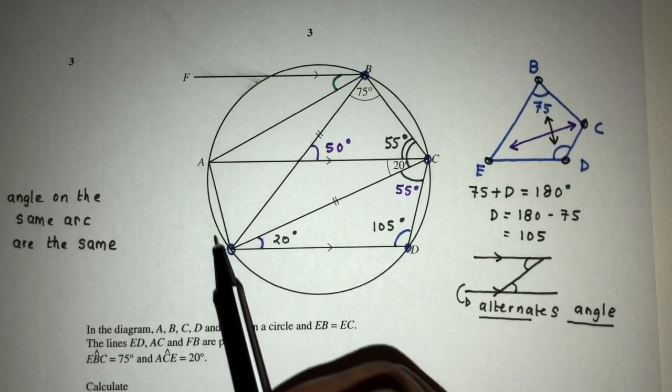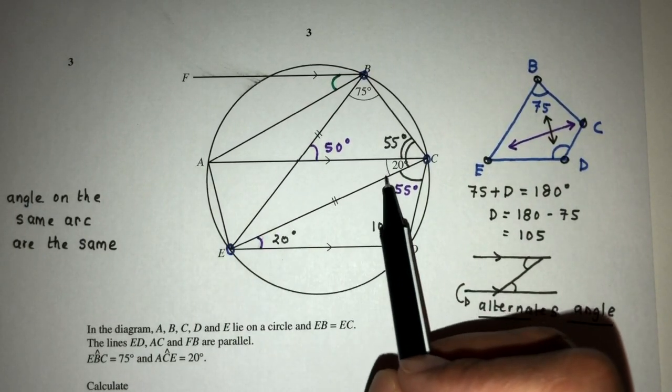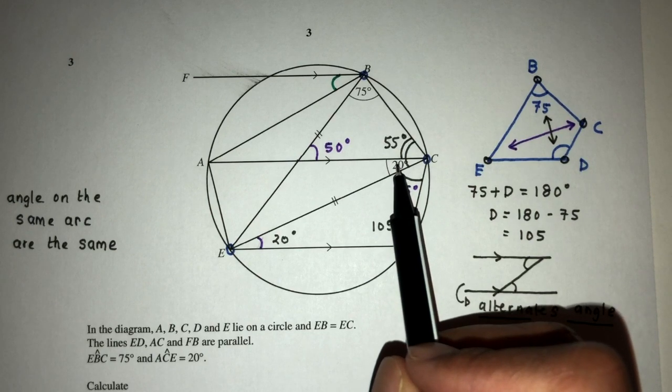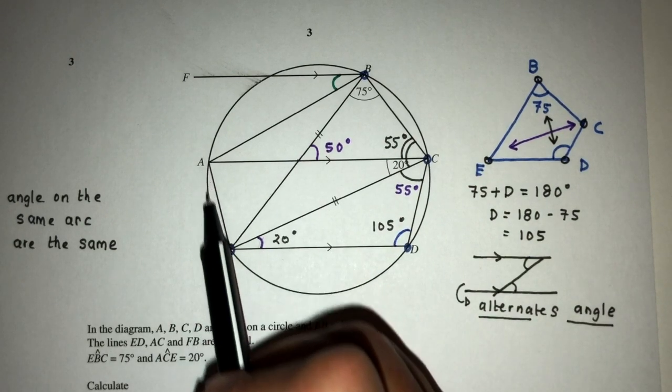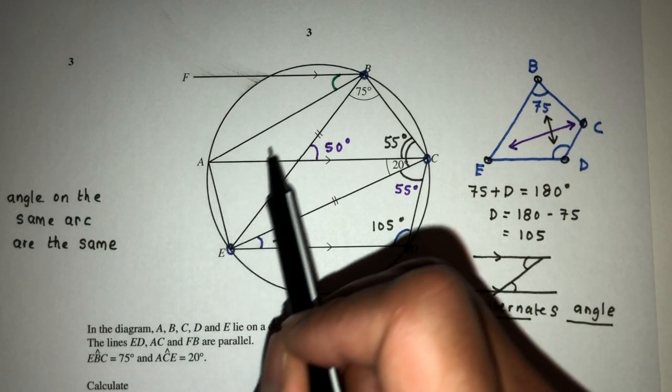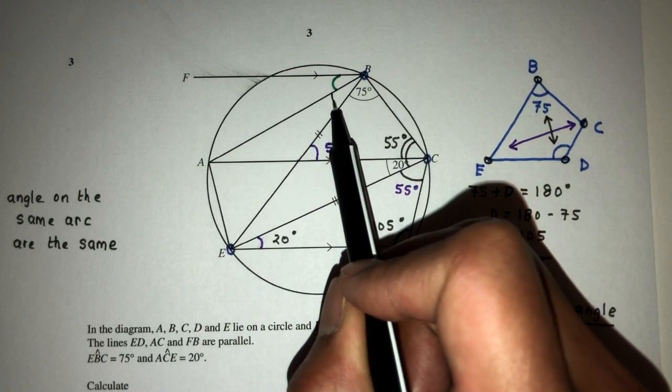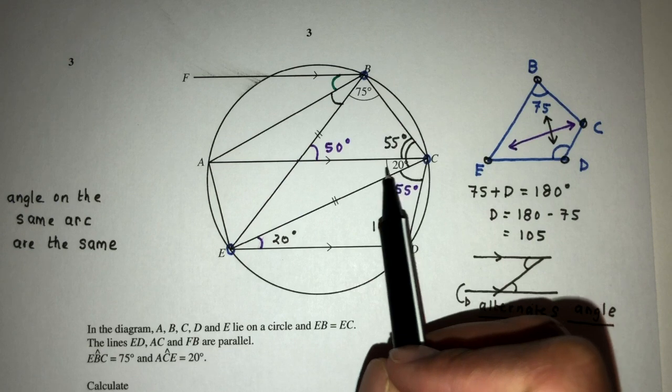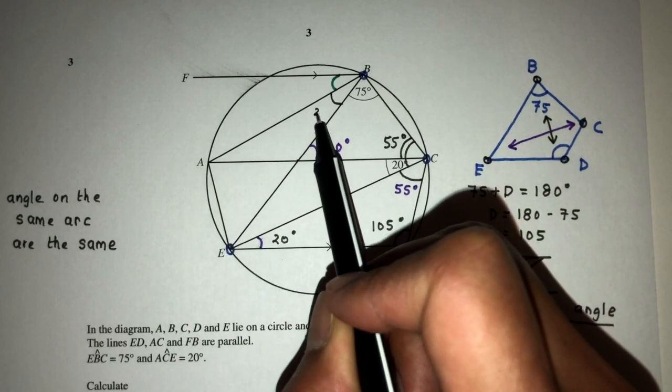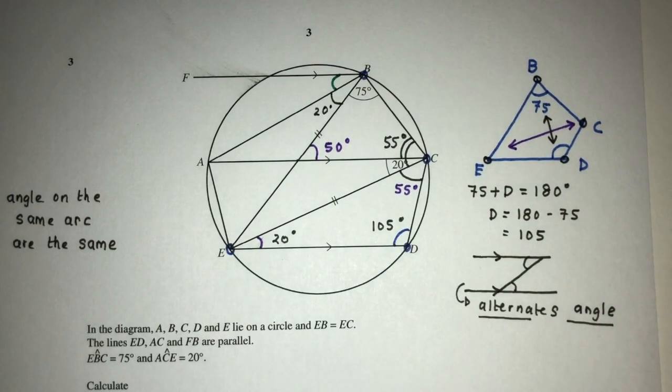So AE will be the arc over this angle 20. Now, if you observe, over the same arc AE, we have the angle right here, angle B. Because of that, these two have to be the same. This is 20, this is also 20.